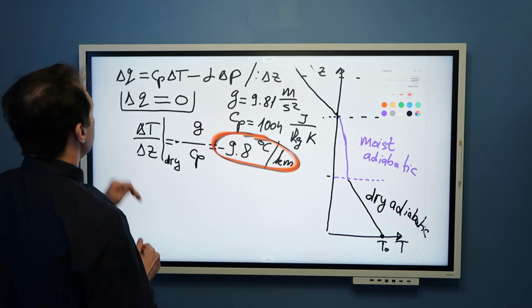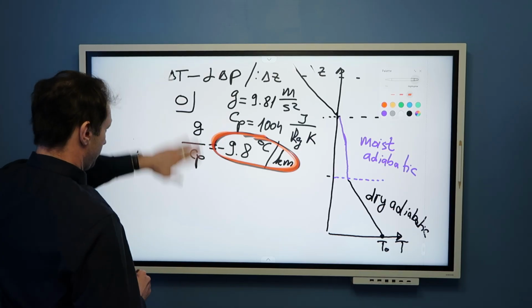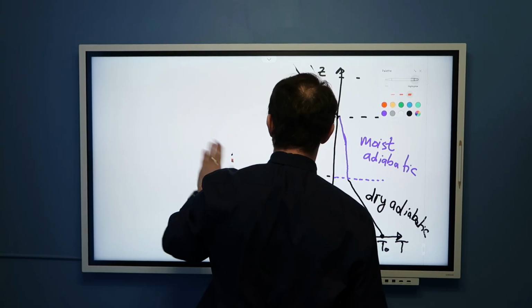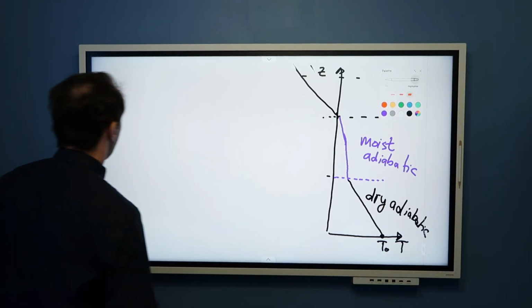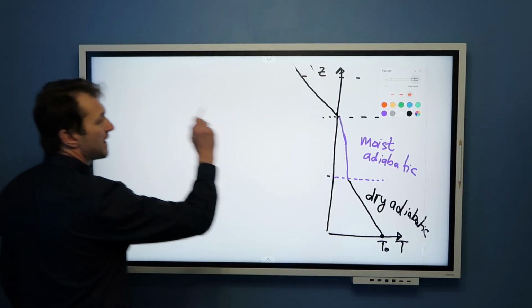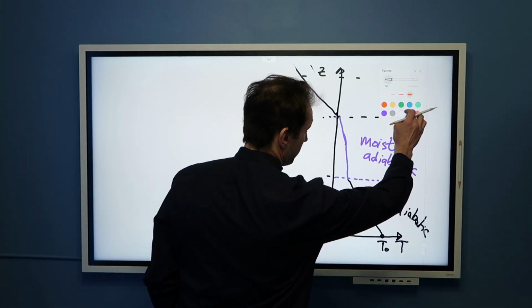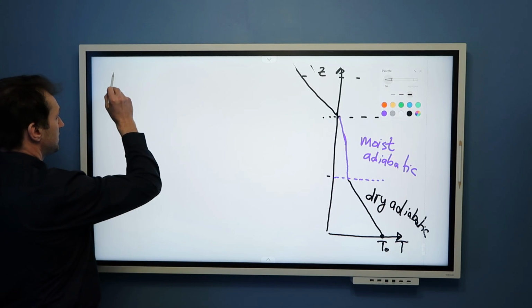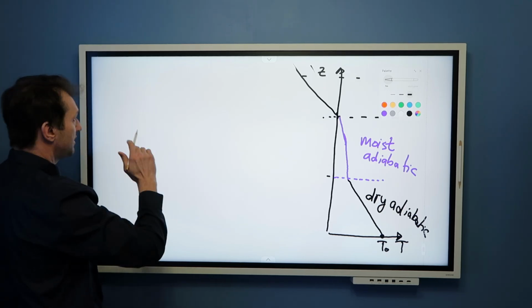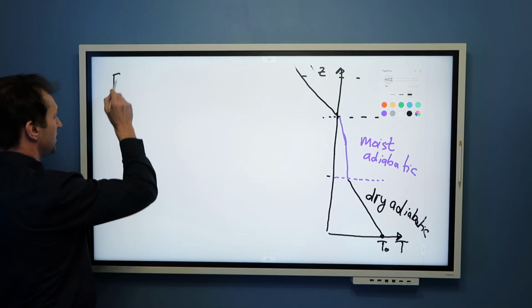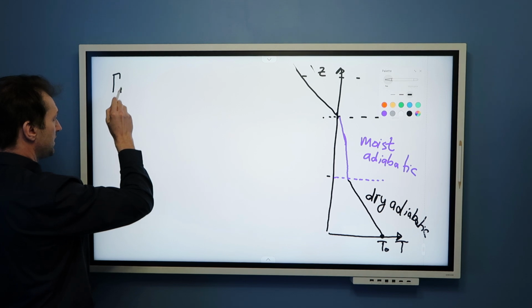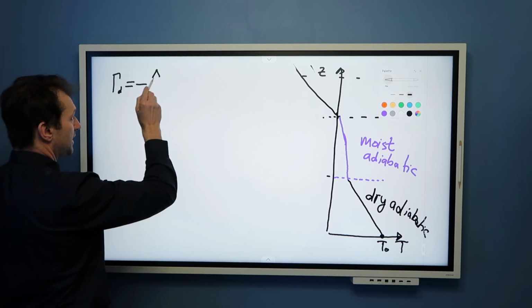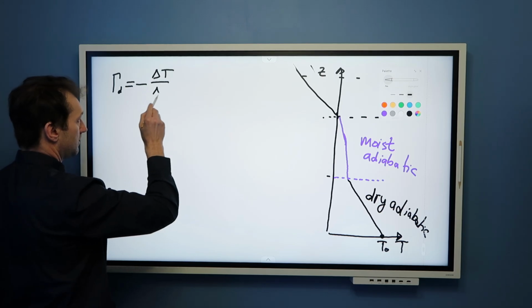Now, let me erase this. I would like to introduce some shortcuts that we use in atmospheric sciences, and I will use this in my next videos. This dry adiabatic lapse rate is usually indicated as capital Greek gamma d, and it is equal to negative delta T over delta z.